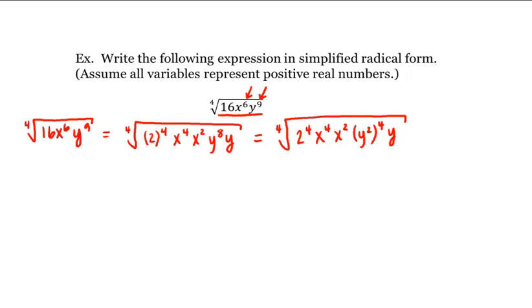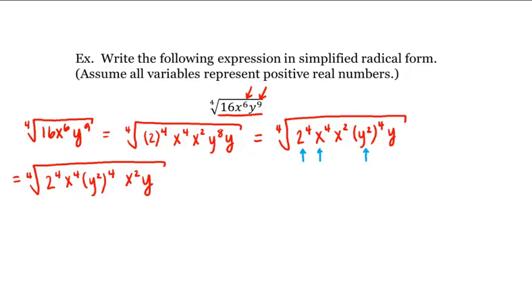Now let's group together all perfect fourth power factors, namely 2 to the 4th, x to the 4th, and y squared to the 4th. So this is equal to the fourth root of 2 to the 4th, x to the 4th, and then y squared to the 4th, and then times x squared y.